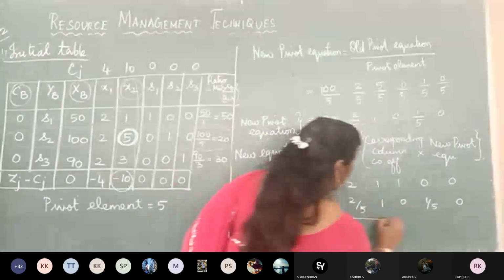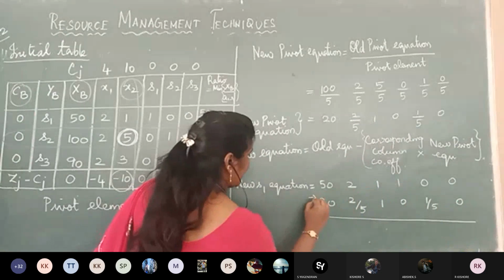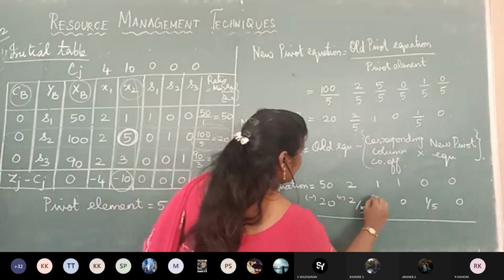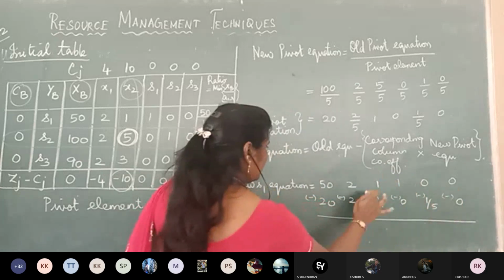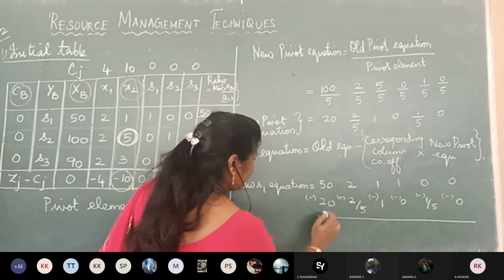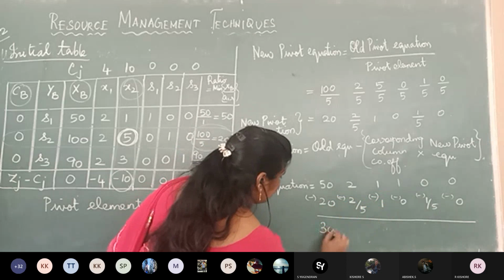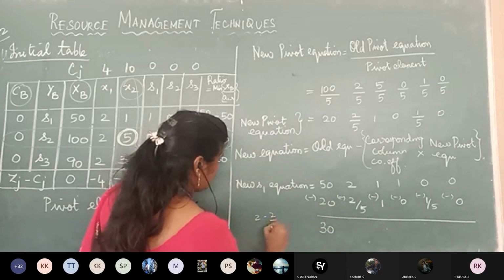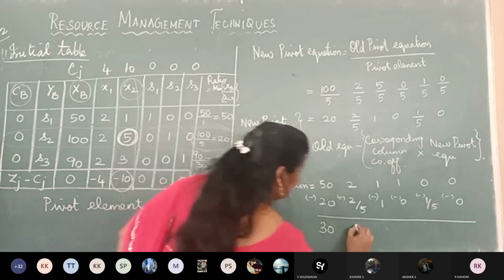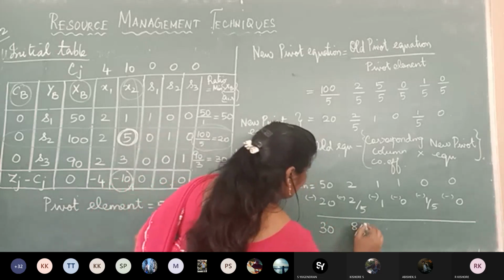Now I'm going to subtract it. So when you subtract, you'll have 50 minus 20, 30. This will be 2 minus 2 by 5, which is 8 by 5.